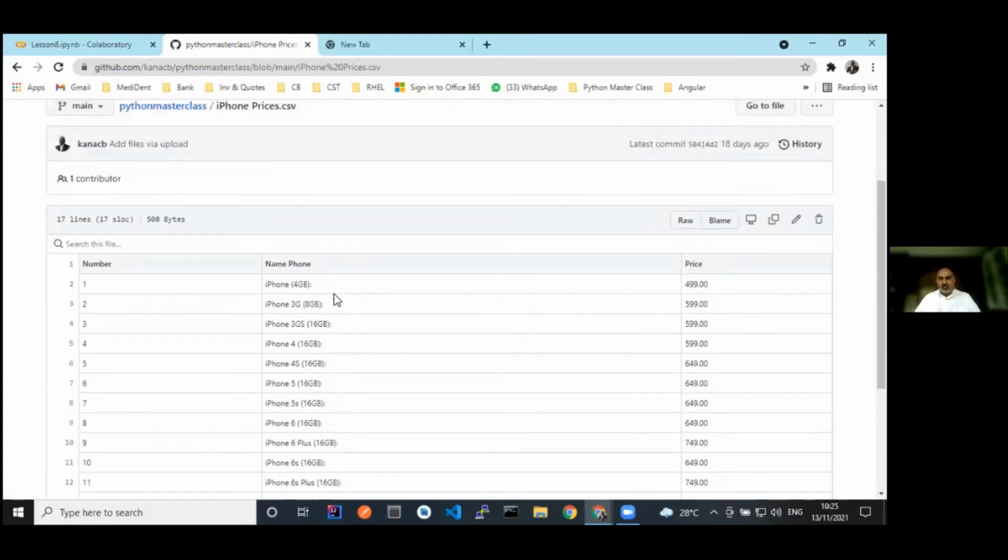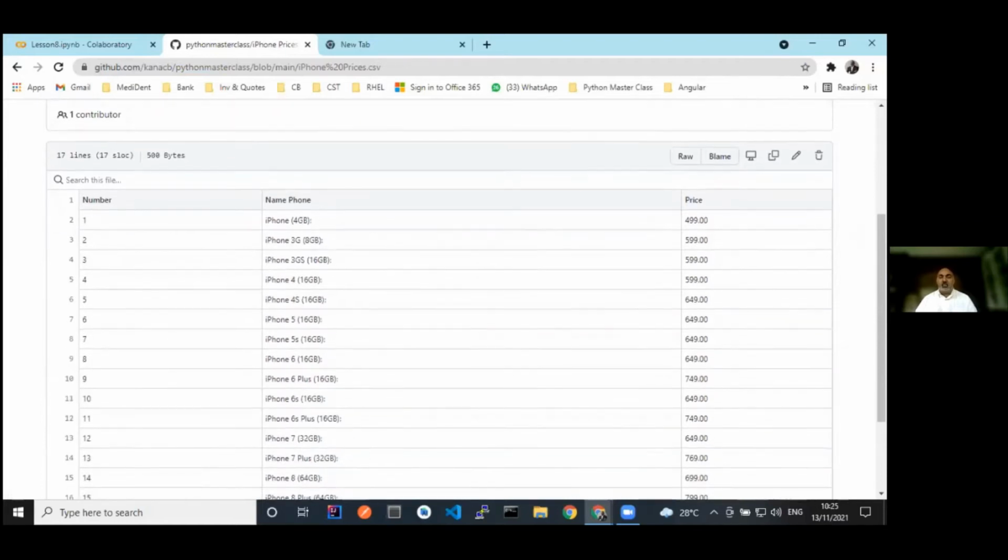Whatever experiment you want to do, whatever you want to predict, let's say house prices, because the values are continuous, it's 499, then it's 599. They have 3 models that are 599. Then the 5th model is the iPhone 4S 16 gigabyte, which is 649.